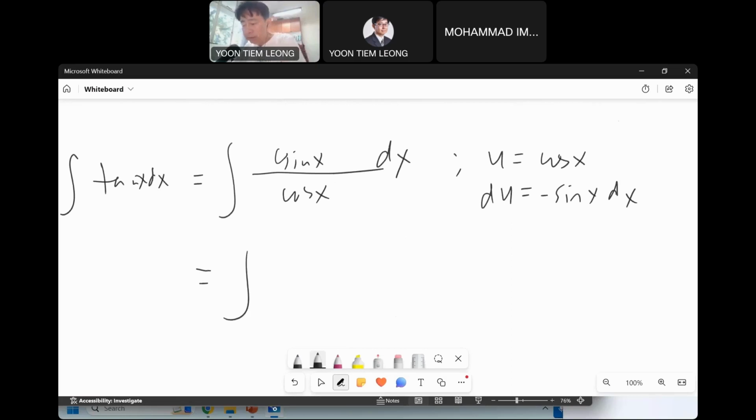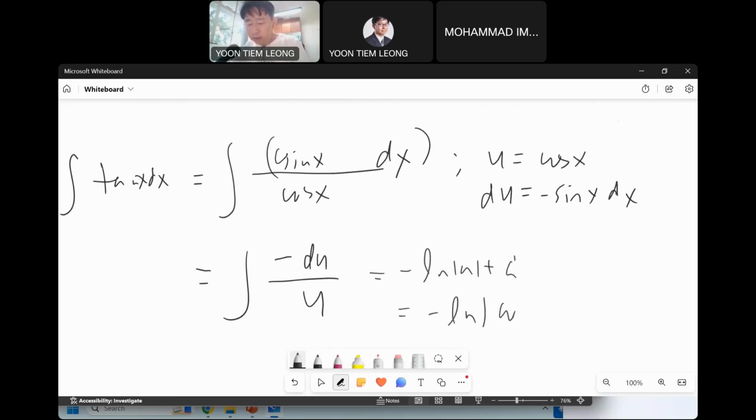So sine x dx is simply equal to minus du, because the du carries a minus sign with respect to sine x dx. Therefore, replacing sine x dx by minus du, you can express the integration of sine x over cos x in the form of du over u. That gives you minus ln of u plus c, which is minus ln of cos x plus c.